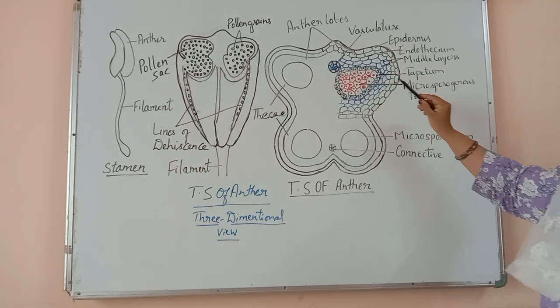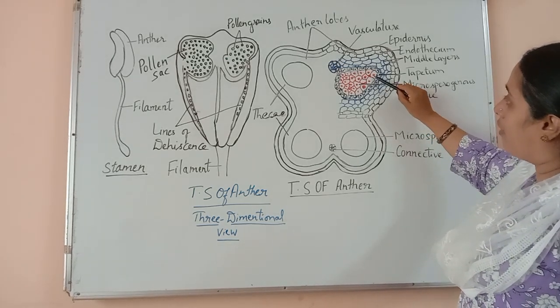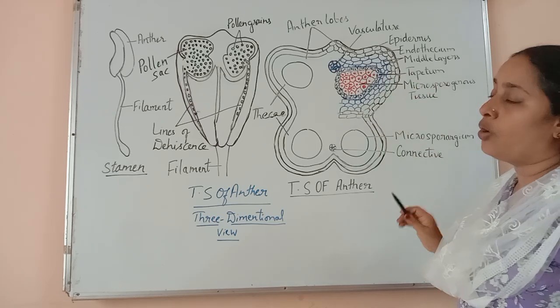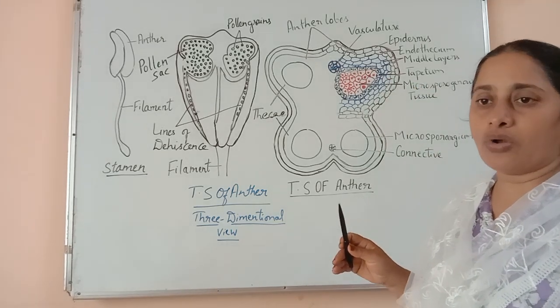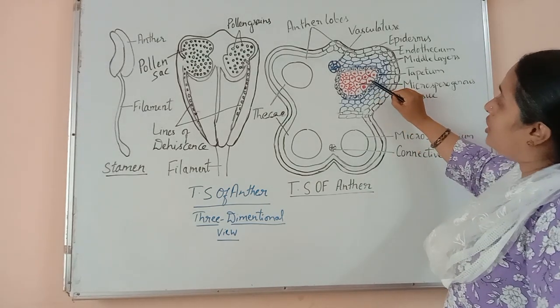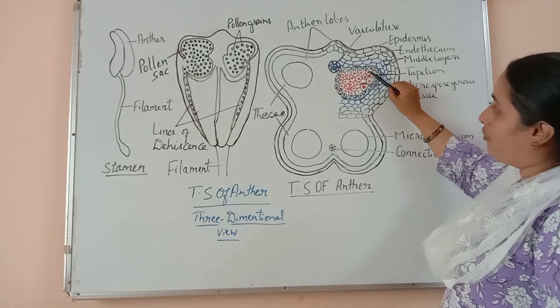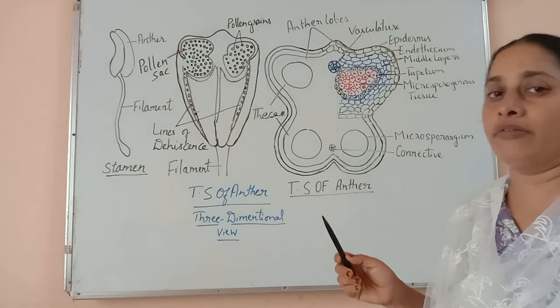Now among this microsporogenous tissue, each and every cell is going to develop into a microspore mother cell, also called pollen mother cell. So each cell of the tissue is going to become a microspore mother cell or pollen mother cell.